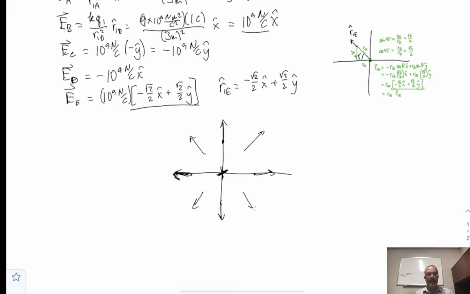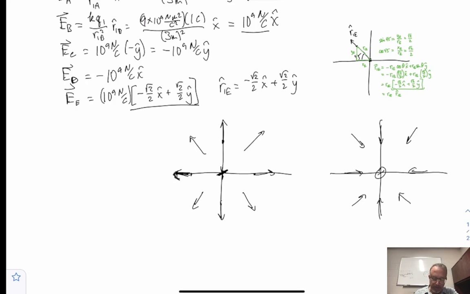And so what that looks like is an electric field that is radially outward away from the positive charge. You might be able to surmise that if we had a negative charge here, I get exactly the same thing, except those vectors are all directed inward. And so the electric field from a negative charge looks like it's pointing inward.